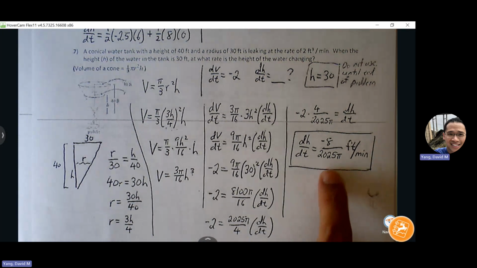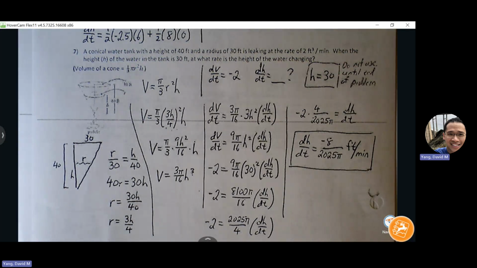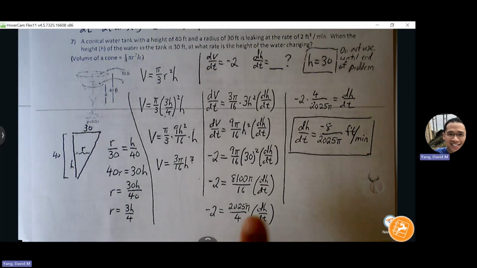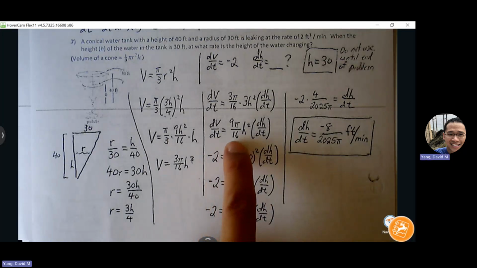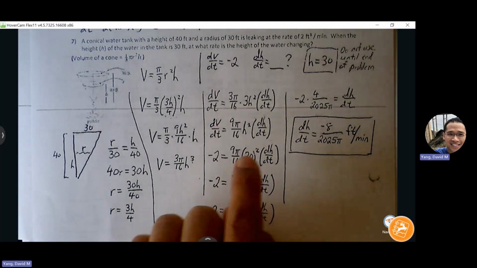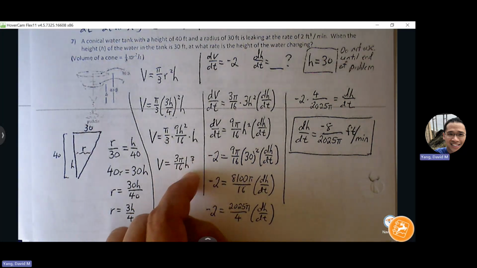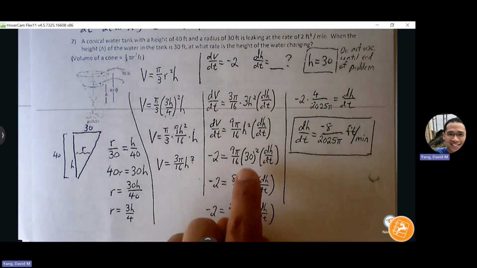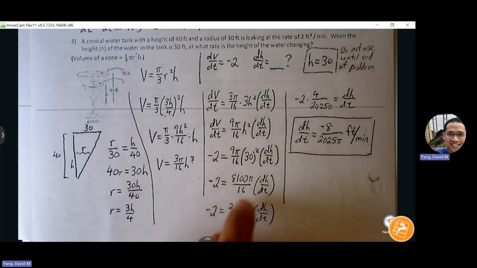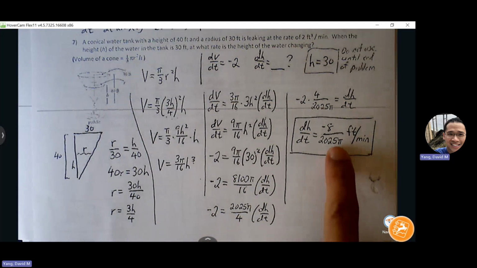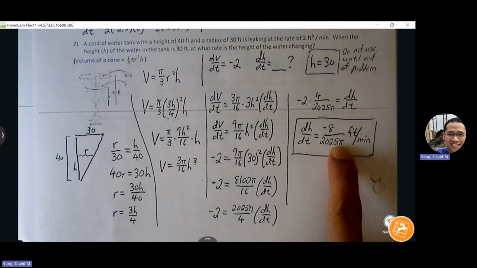Now, do you guys get this answer as well? You did, okay. So I think I multiplied wrong somewhere along my way. So this one, I reduced 9/48 to be 3/16. I went through power rule, replaced the h with 30, multiplied, reduced, multiplied by the reciprocal, and keep track of that pi in the denominator.